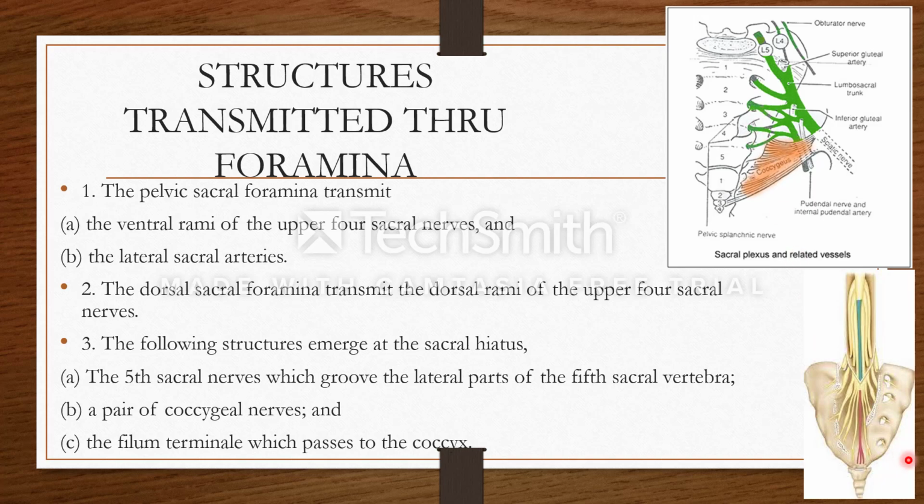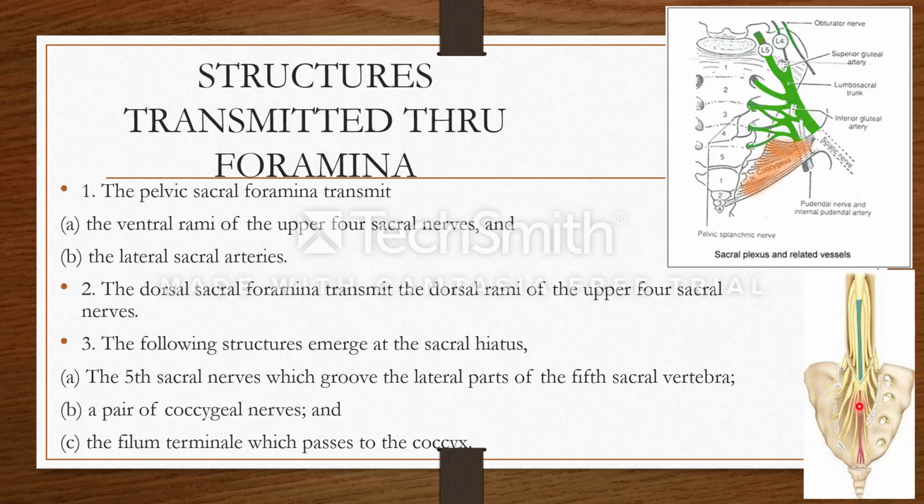The dorsal sacral foramina transmit the dorsal rami of the upper four sacral nerves. Okay, what are the structures which are emerging out from the sacral hiatus? It is the fifth sacral nerve which grooves the lateral part of the fifth sacral vertebra, a pair of coccygeal nerves, and the filum terminale.